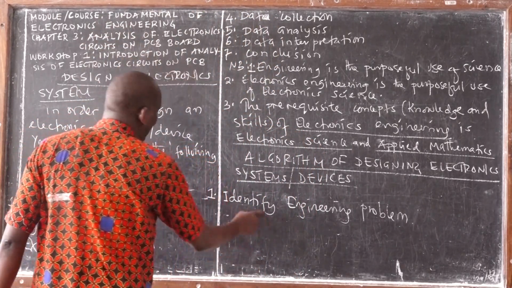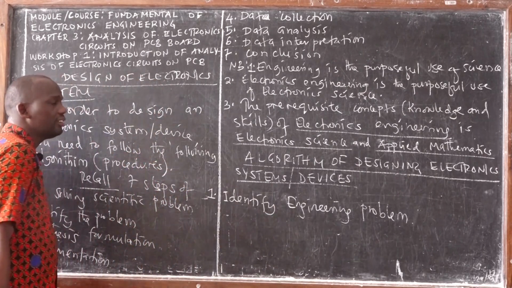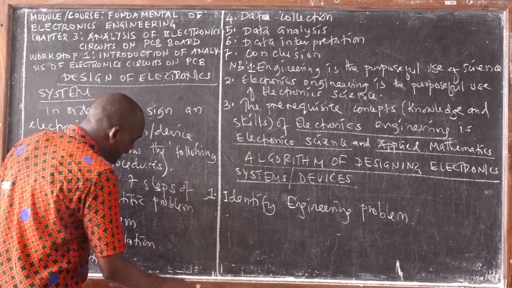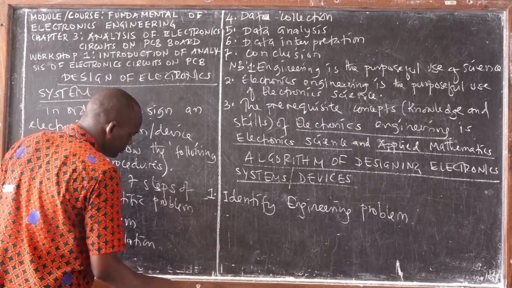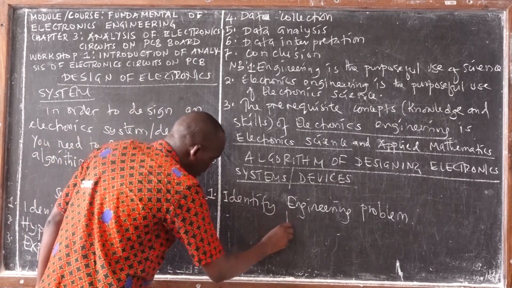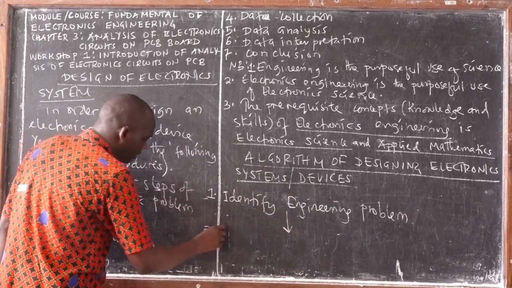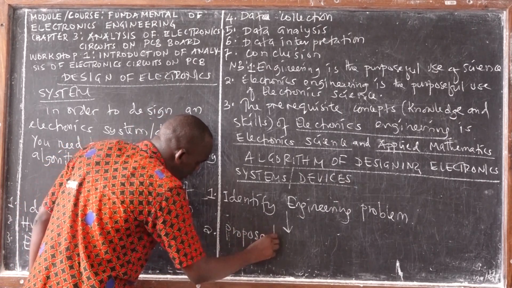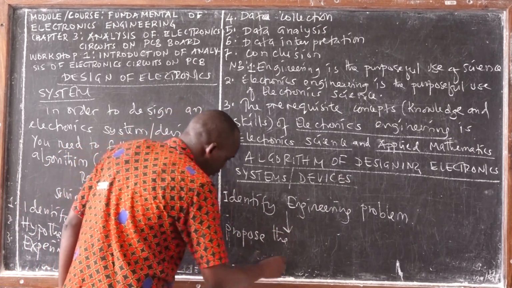So the first step is to identify the engineering problem. Then the second step, we say that you have to propose the solution.